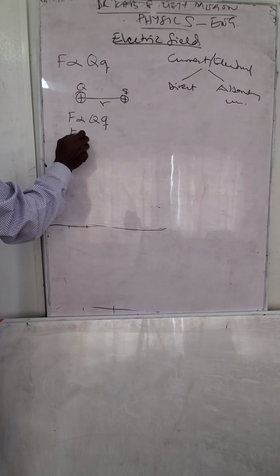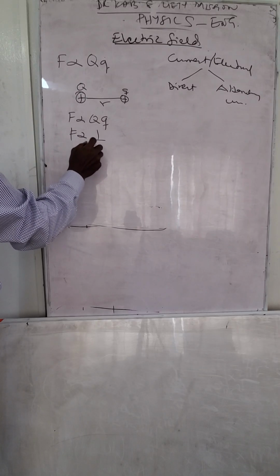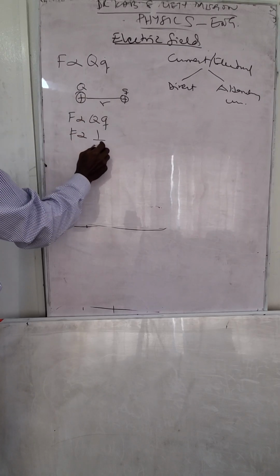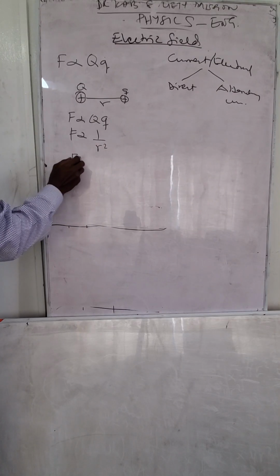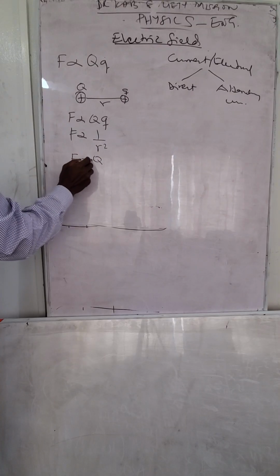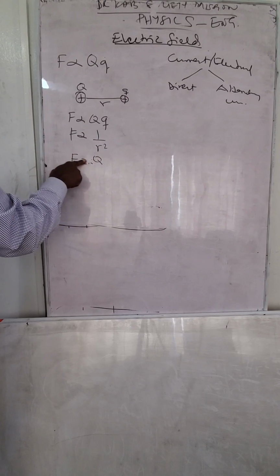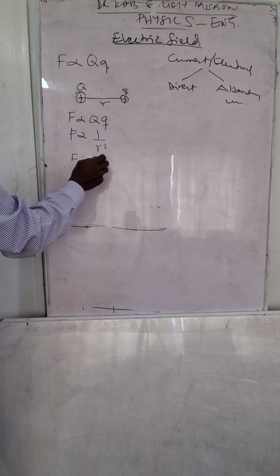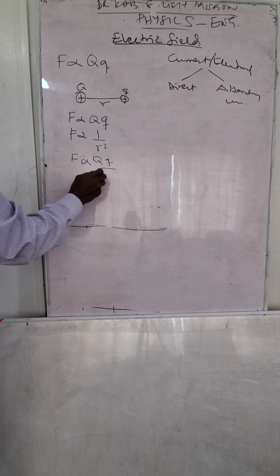That same force is also proportional to the inverse of the distance squared. So if you put the two together, F is equal to K, where K is the constant of proportionality. Or let me first go this way: it becomes proportional to Q over R squared.